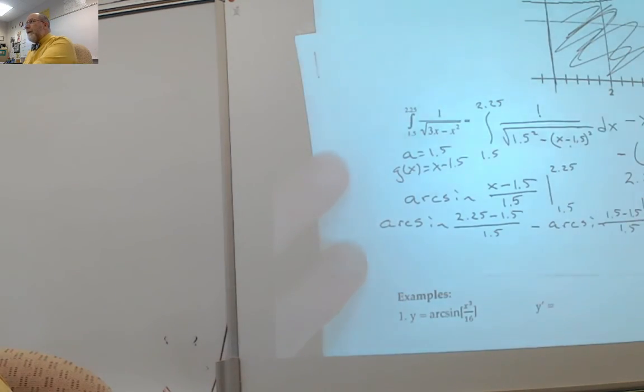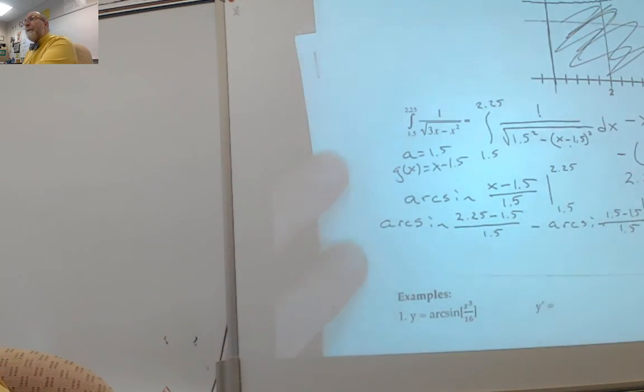You used your calculator already? No? Did you take 2.25 and subtract 1.5? No? Okay, let me ask you this. $2.25 minus $1.50. 3/4, 75 cents, right? You don't do change.